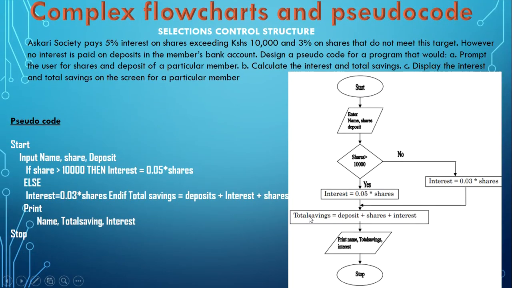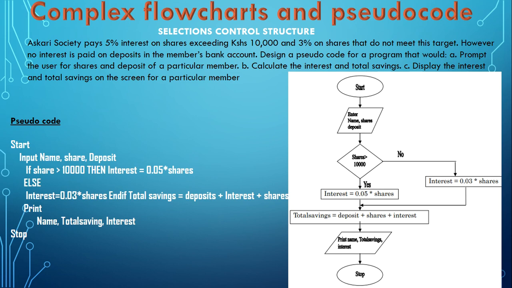Then we can go to a more complex flowchart and pseudocode. Here, Askari Society pays 5% interest on shares exceeding 10,000, and 3% on shares that do not meet this target, that is, shares less than 10K. However, no interest is paid on deposits in the member's bank account.